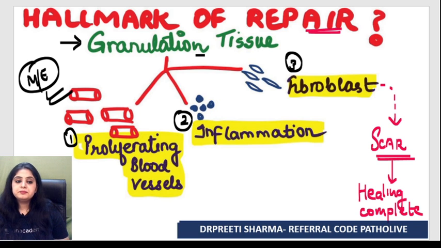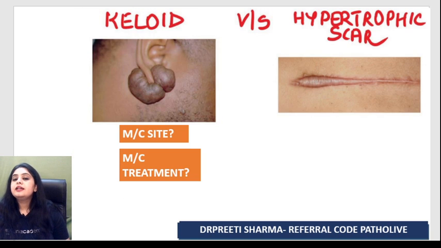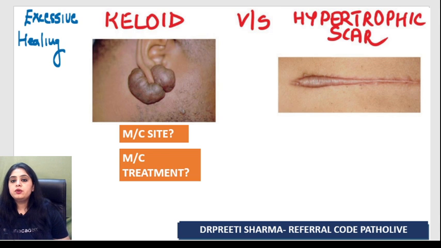Well, having said that, now imagine someone ends up having lots of healing, lots of repair. I think everyone knows the situation of excessive healing either lands up in keloid or hypertrophic scar. Firstly, I want you to describe these two. See, someone went in for an ear piercing and then a month later has come up with this big keloid.